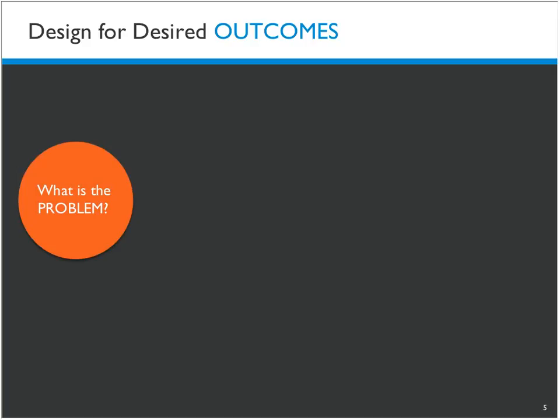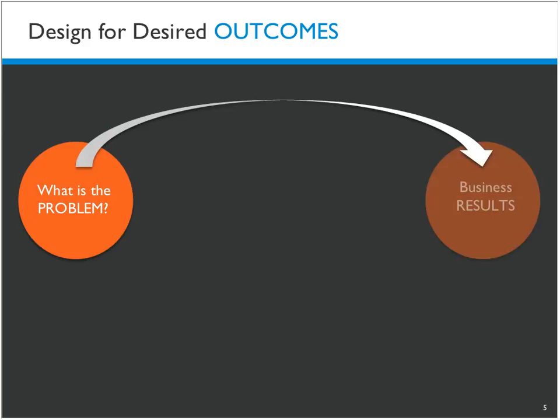So clearly, if we have an understanding of what the problem is, and we know where we're going, or what the business results are that we want to achieve, those are the two key bookends of designing for desired outcomes.